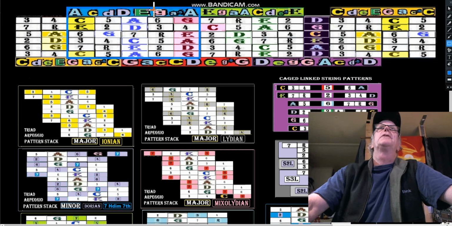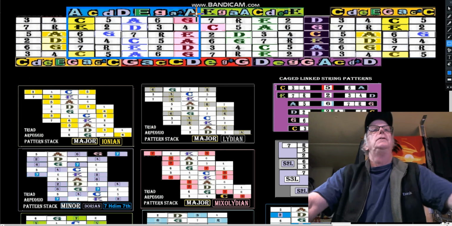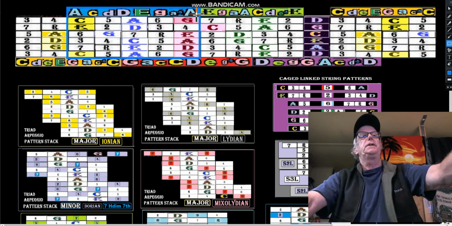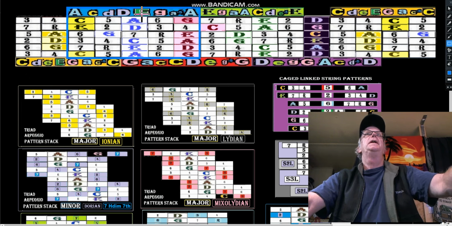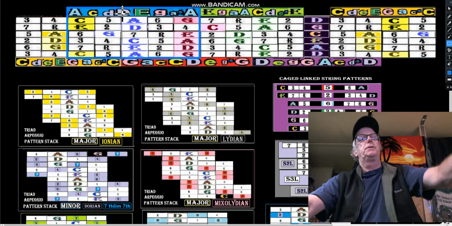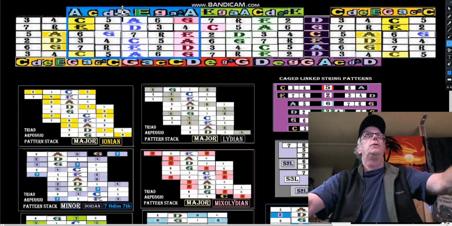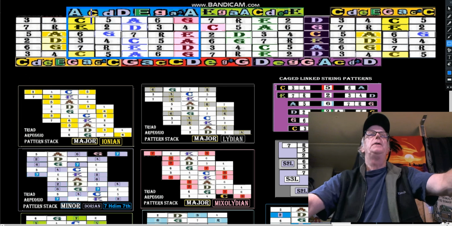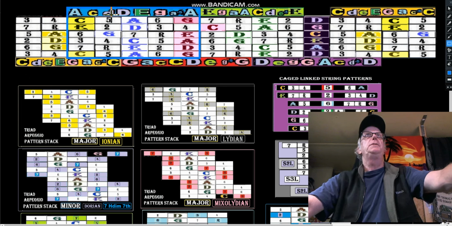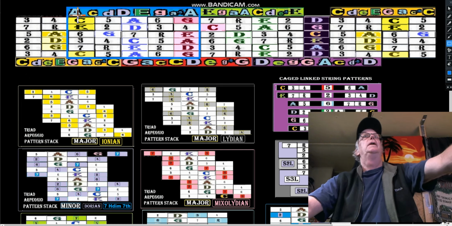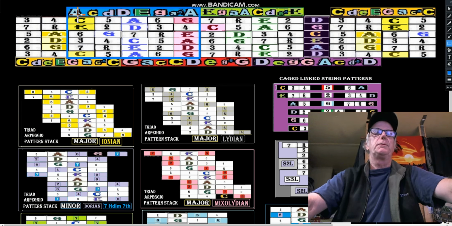So up here in the A box, it's just the same thing. It just starts on A, but it's still in the key of C. So we have A, G minor, and then an E major shaped 5th, and then a D major shaped 4th, and a D minor shaped 4th, C minor shaped 2nd, D minor shaped 3rd, C minor shaped 2nd, and back to A major shaped.